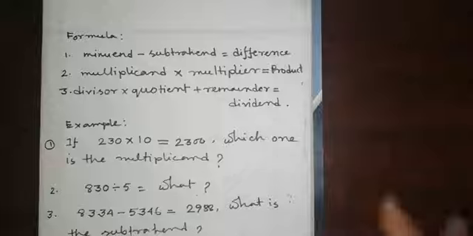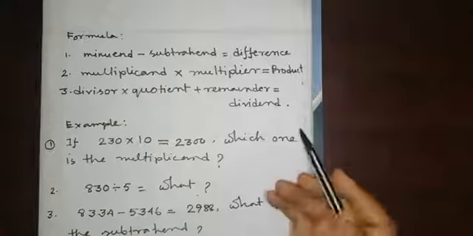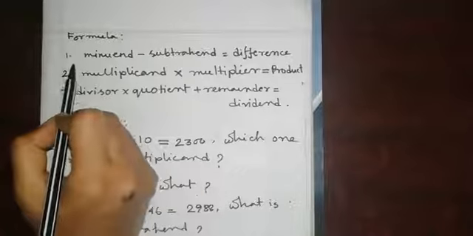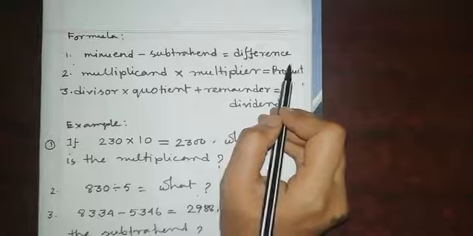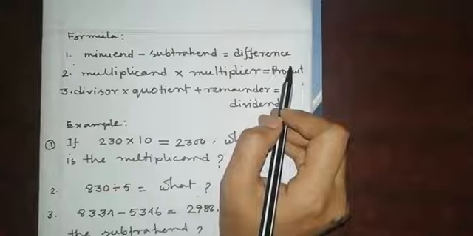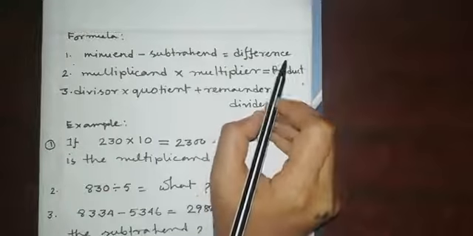Okay, using this formula you can find so many answers. The first is minuend minus subtrahend equal to difference. So when we need to find the difference between two numbers, we have to use this formula.